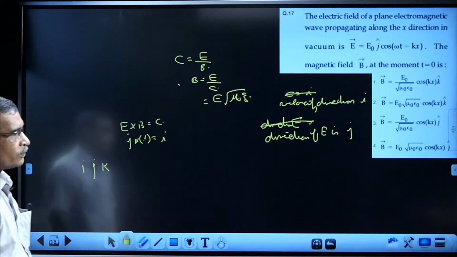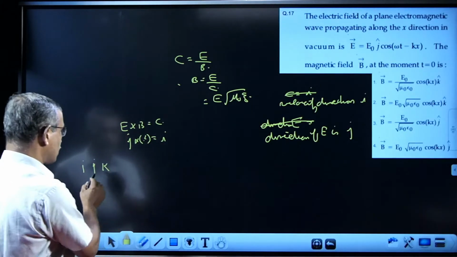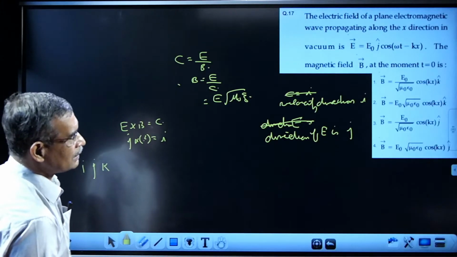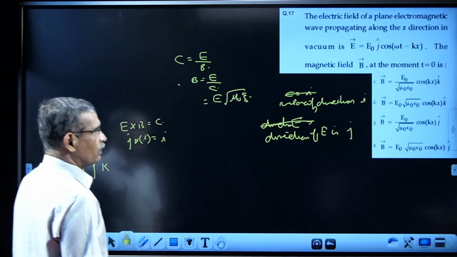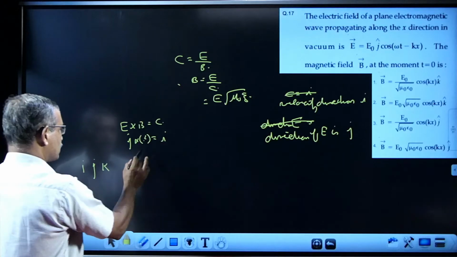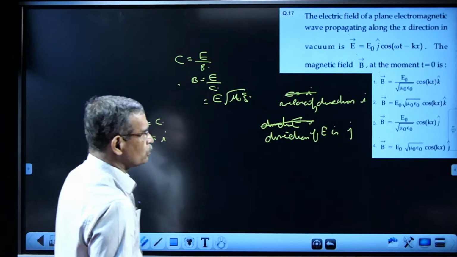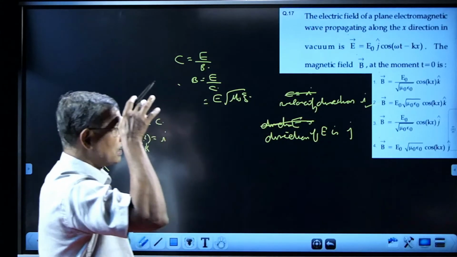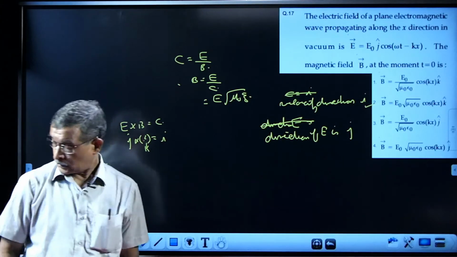And therefore, the direction of the magnetic field is along the z direction. And what is the z direction? The unit vector along that direction is k. So here it is equal to k. Now, coupling these two, the option is 2. Now, next question.